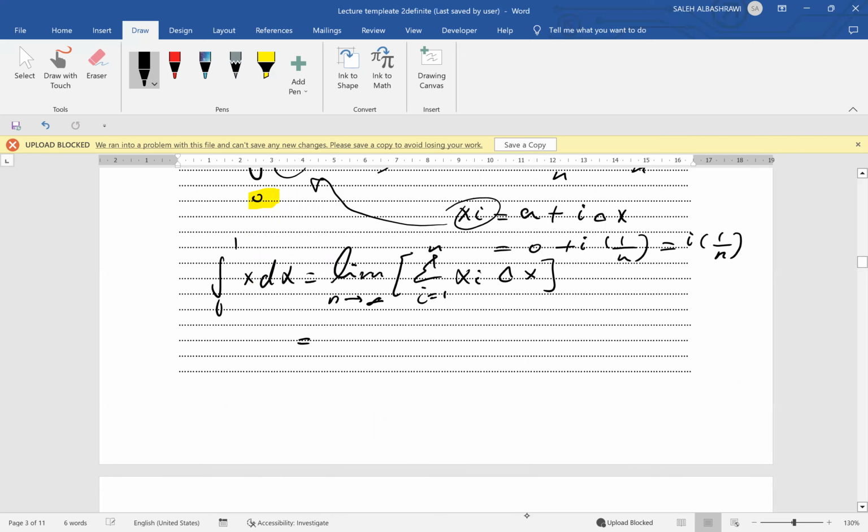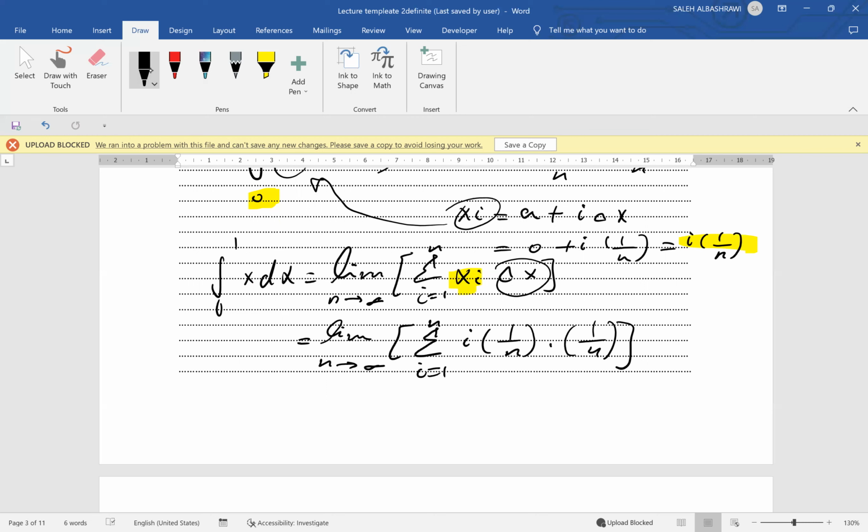This is equal to the limit as n goes to infinity of sigma 1 to n of i multiplied by 1 over n, multiplied by delta x, which is 1 over n.